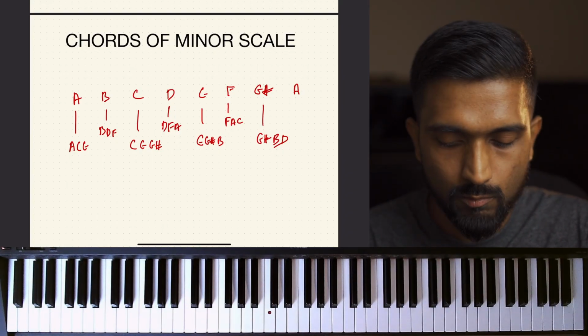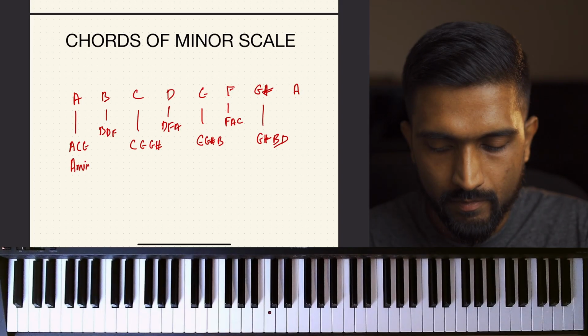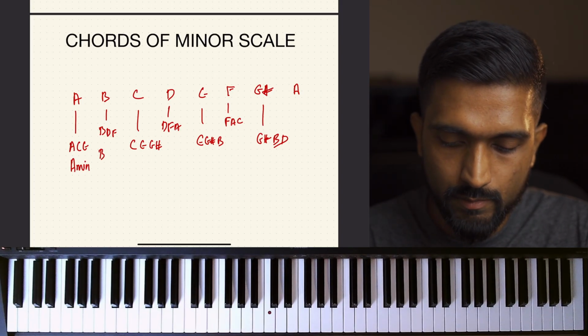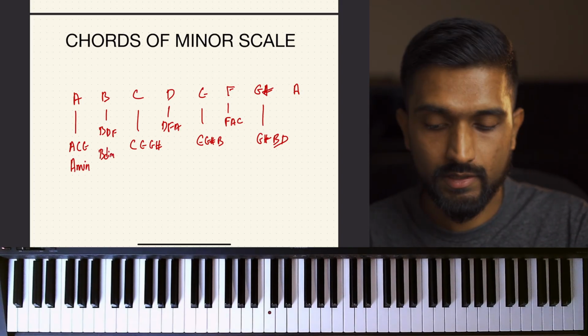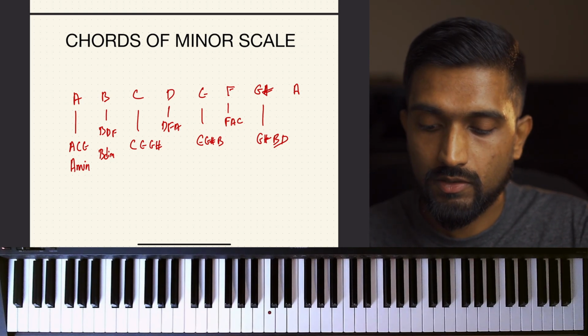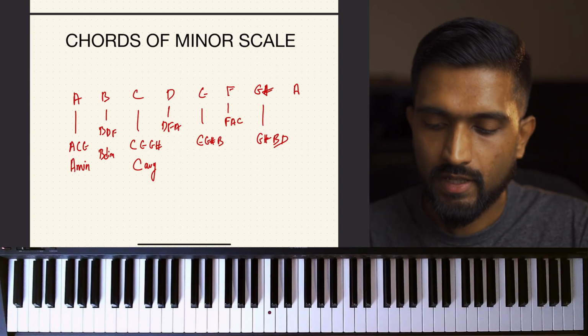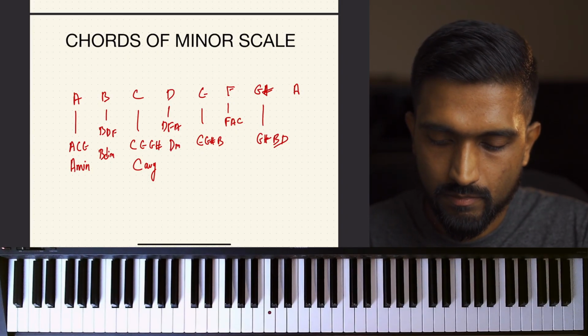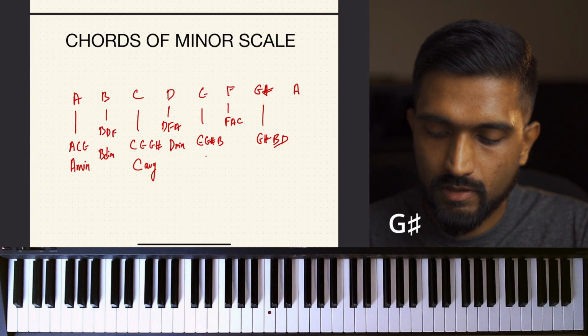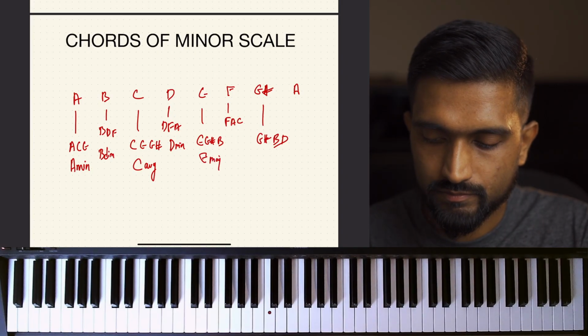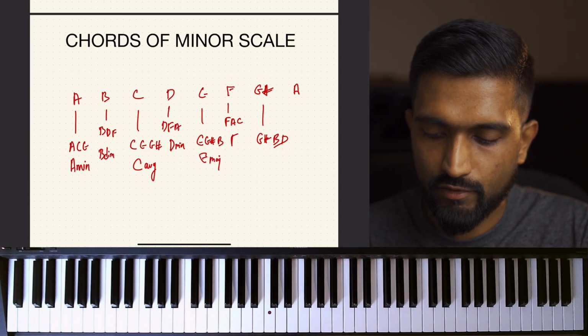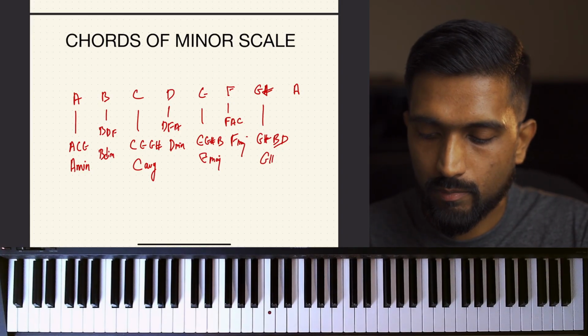Now these chords also have names, so we'll first write down the names and then play them. So A, C, E is nothing but A minor. B, D, F is B diminished, we saw these two already in C major. C, E, G sharp is a C augmented chord. D, F, A is D minor, E, G, B is E major, F, A, C is F major, G sharp, B, D is a G sharp diminished.